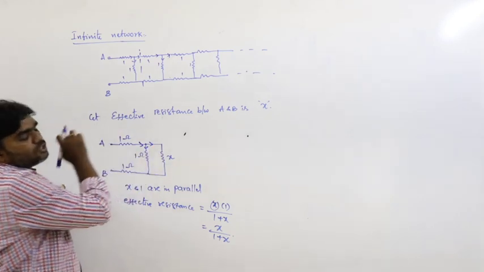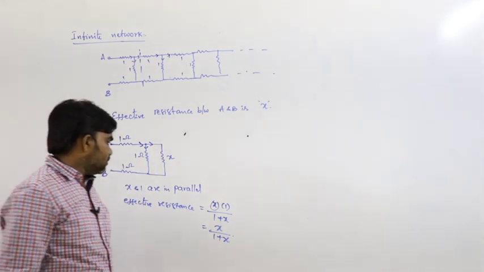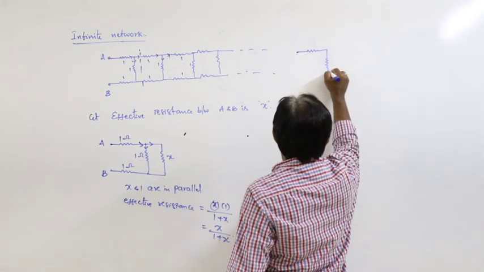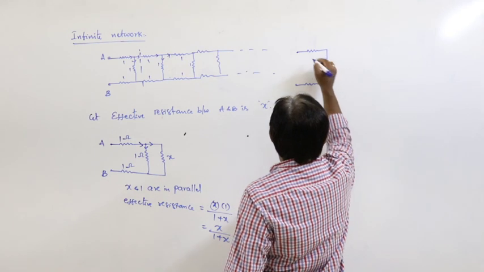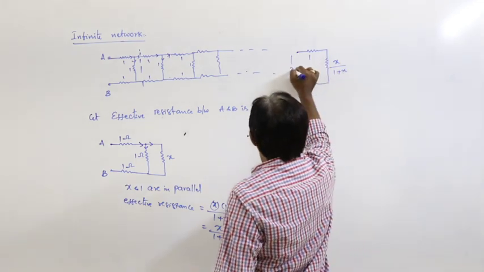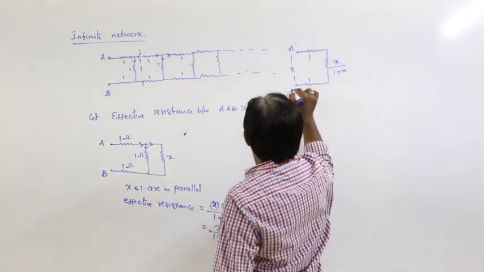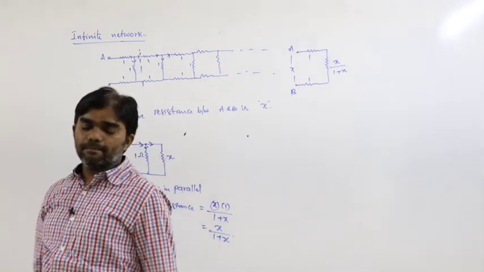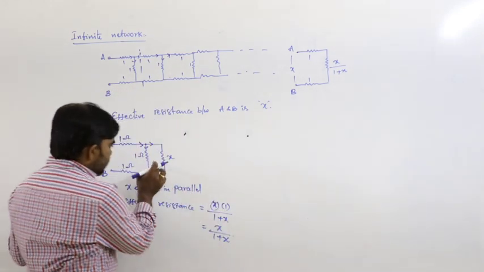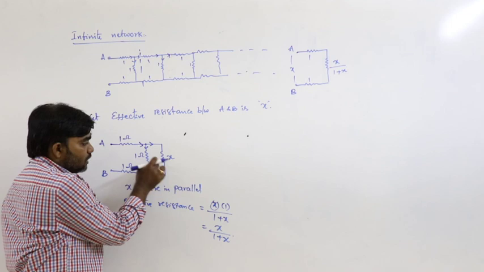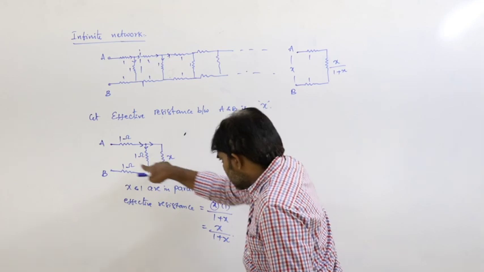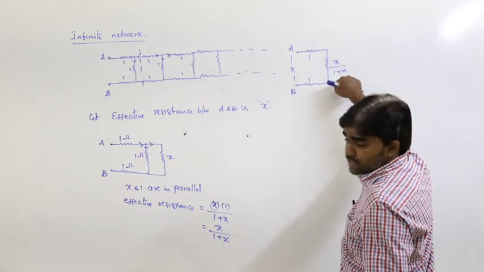Current divides means these two must be in parallel, that is X by 1 plus X. Now the circuit is this is 1, this is 1, this is X by 1 plus X, and here also it is X, A and B. So here X and 1 are in parallel, effective resistance is X by 1 plus X. So the combination of these two gives X by 1 plus X.